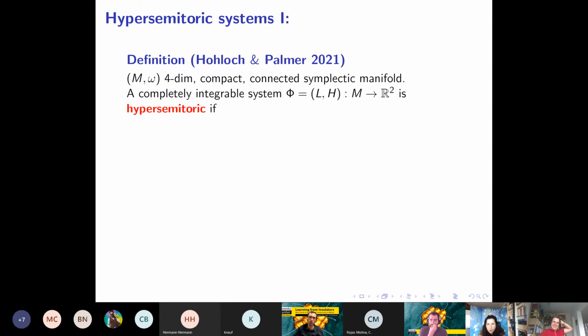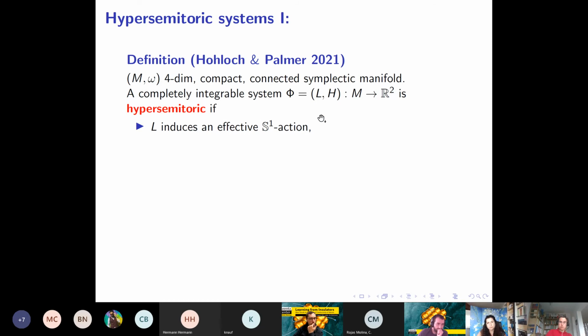So you're assuming that you have your hyperbolic singularities, but you have this S1 action everywhere. Yeah, that's the assumption. That's very cool. Look, now it comes. We are on a 4-dimensional manifold. We assume it compact because we want to relate to Karshon's classification, which is done on compact manifolds. We have 2 integrals.